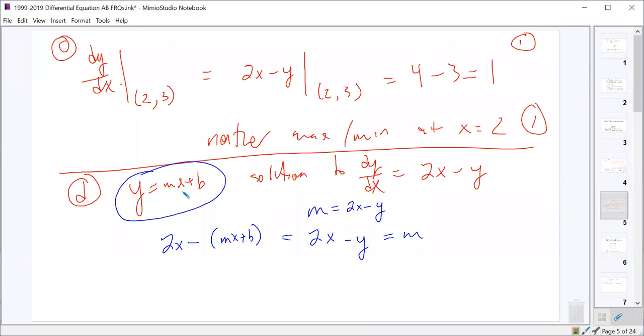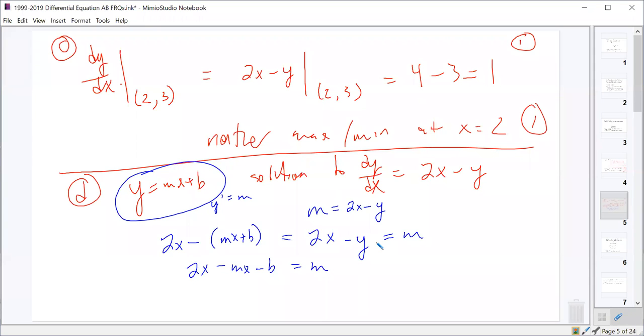I should be able to take the derivative of y equals mx plus b. The derivative, y prime here, is m. So m must be 2x minus y. So we've got 2x minus mx minus b equals m. Do y'all agree with that?